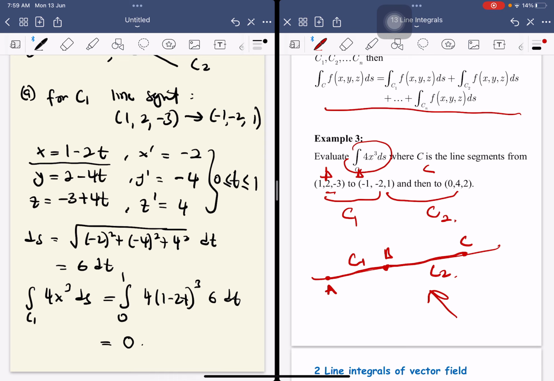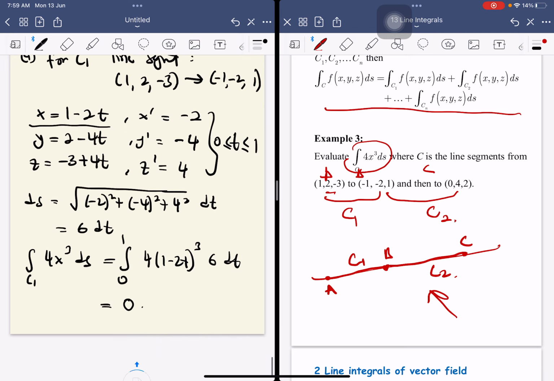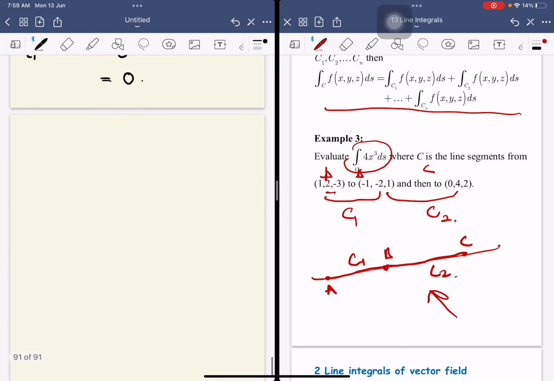Let's move to the second curve, C2. It's a line segment from (-1, -2, 1) to (0, 4, 2).